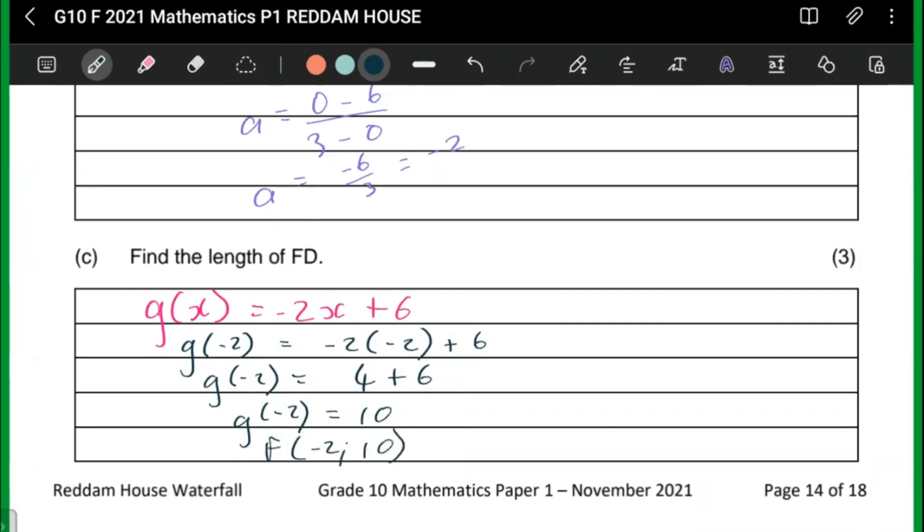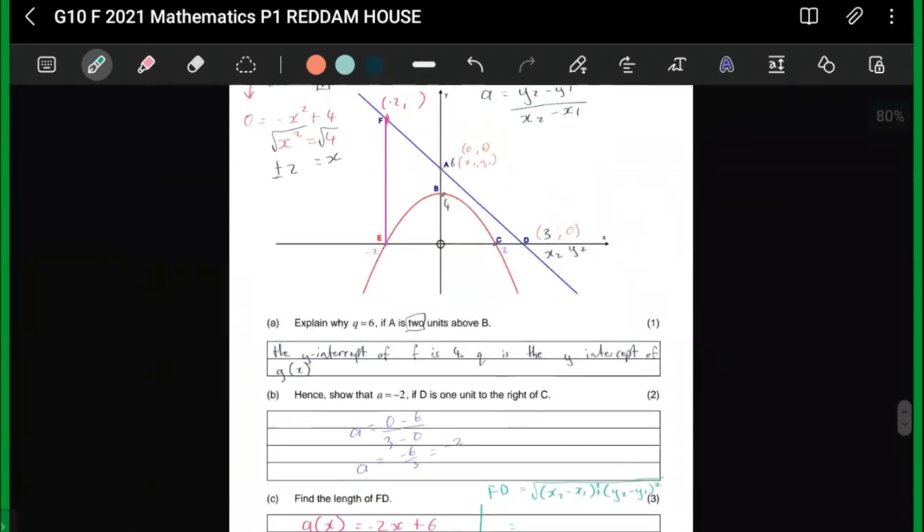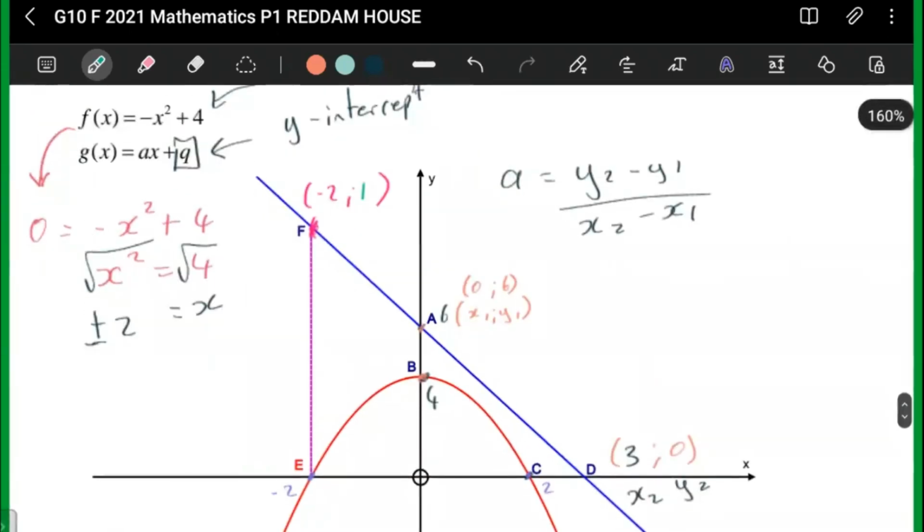Now you can get the distance of f d using the distance formula. You already know, you can just say the square root. You can start with the x's, x2 minus x1 squared plus the y2 minus y1 squared. And here, it doesn't matter which ones you want to start with. You can label it however you want, but we're starting with the x's, right?